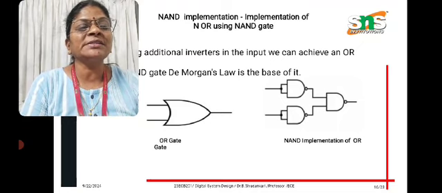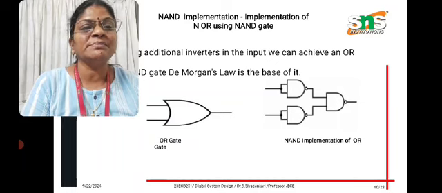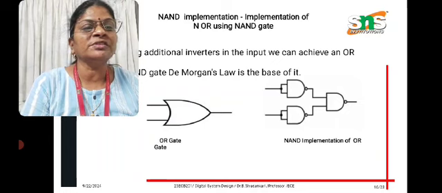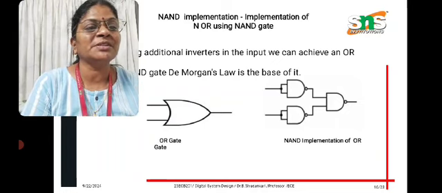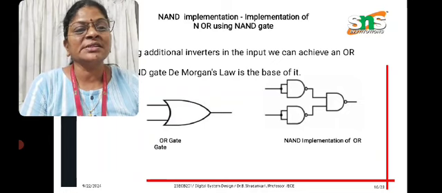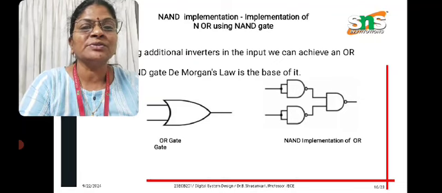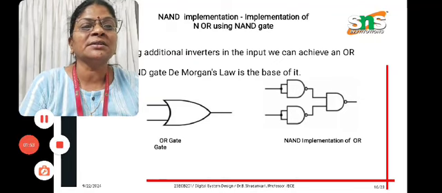So the OR gate can be implemented by using a NAND gate. See, a simple OR gate. The equivalent of this OR gate for NAND implementation is the right side circuit, which is given, where we are using NAND gates and inverters.